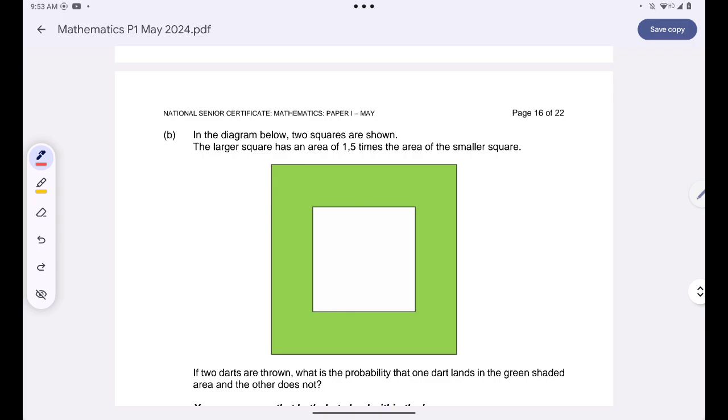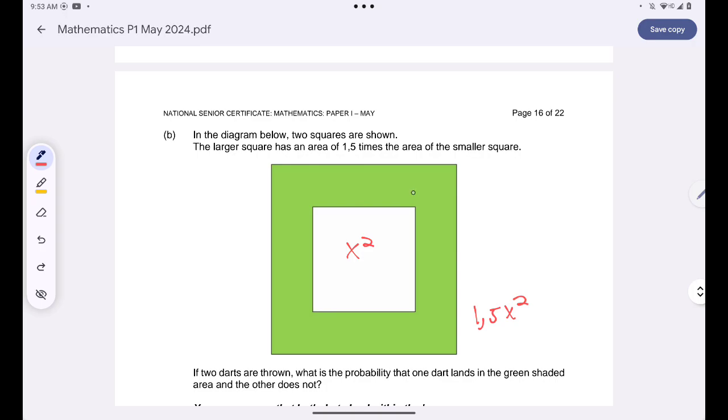Okay. I'm being told that in the diagram below, 2 squares are shown. The largest square has an area of 1.5 times the area of the smaller square. Okay, if the area of the smaller square is just x squared, it simply means the area of the larger square, rather, it's 1.5 multiplied by x squared, right?